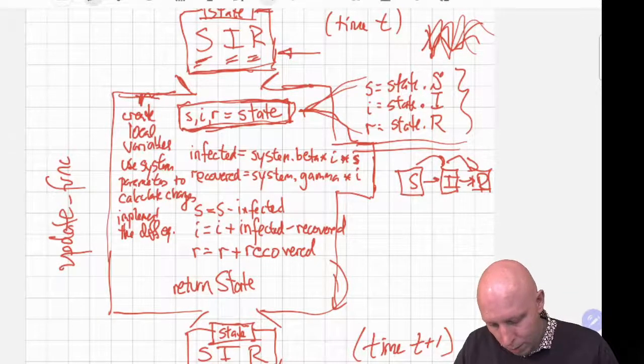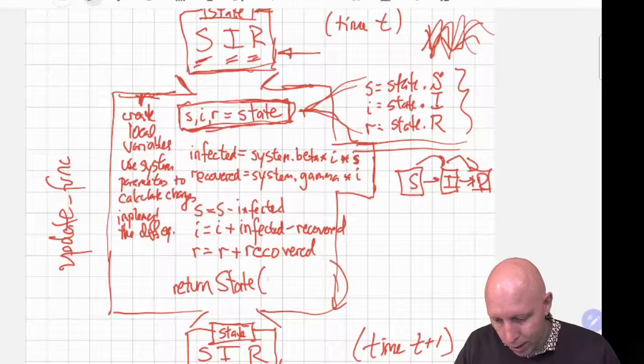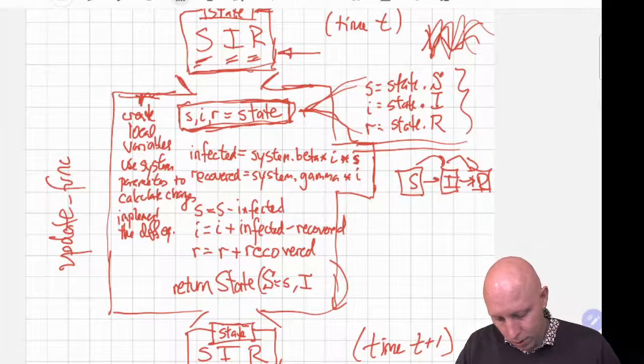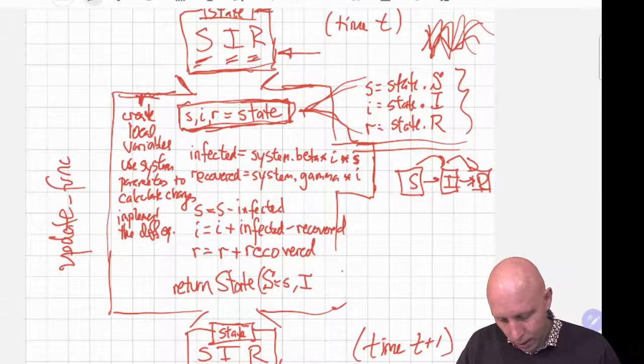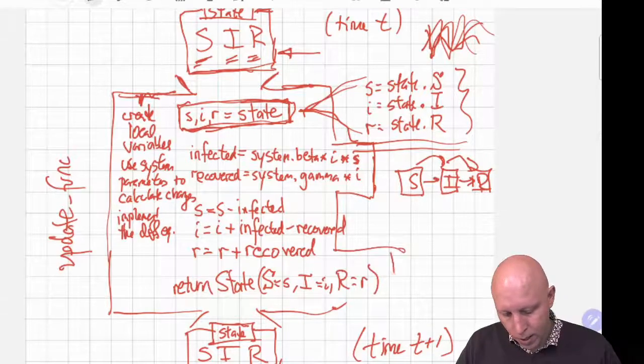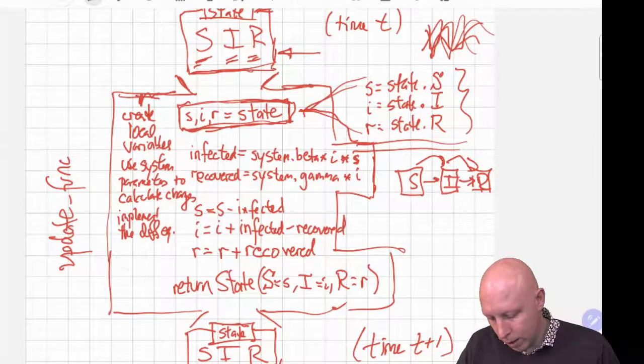State where capital S is equal to the new little s, capital I is equal to the new little i, and capital R is equal to the new little r. And so then this returns the next state.